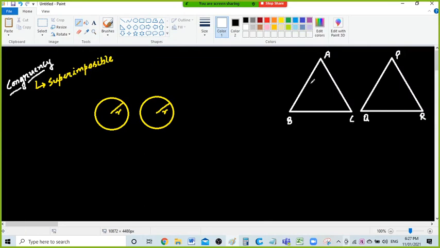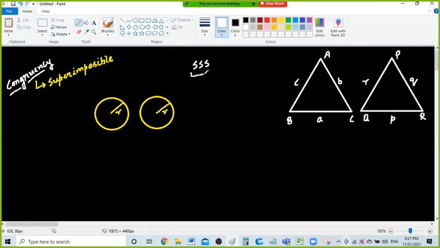And as I've already told you, this side should be small a, this side should be small b, this side should be small c, this is small p, this is small q, and this is small r, right? So now the first rule of congruency is S, S, S, right?